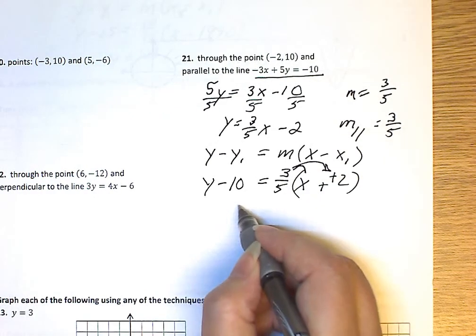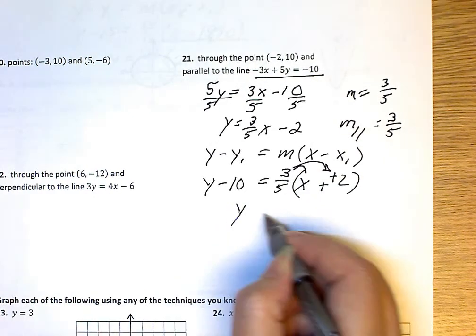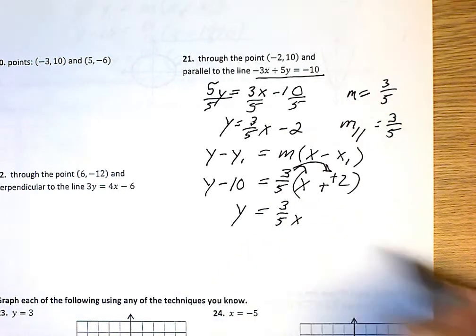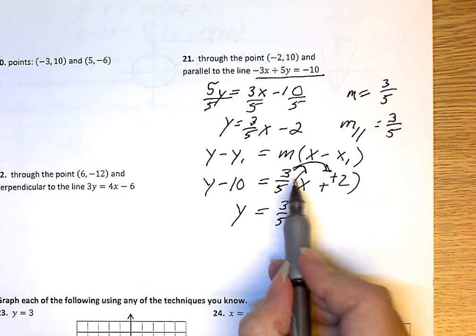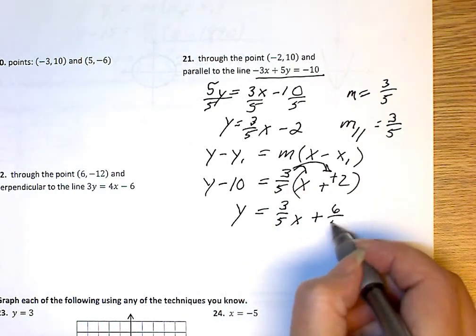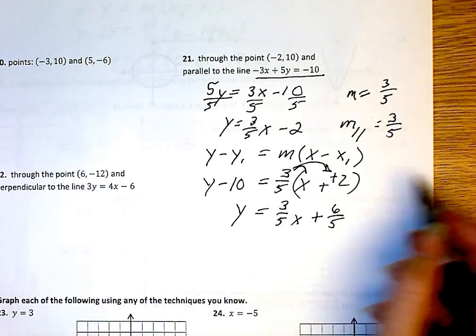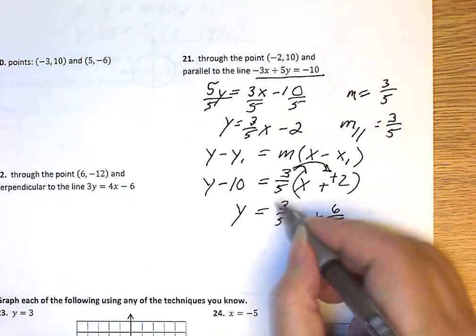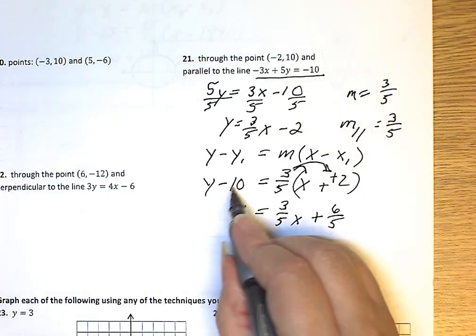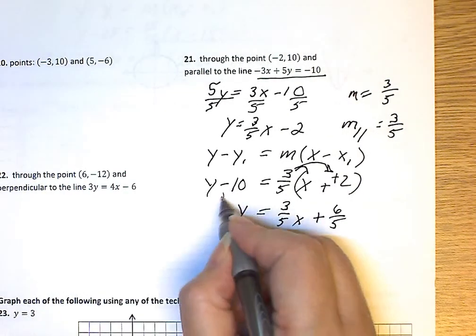So I have y is equal to 3/5 times x is 3/5 x. 3/5 times 2 is 6/5. And then you can put it into decimal at that point too. And then to get 10 on the other side, I have to add 10 to both sides.